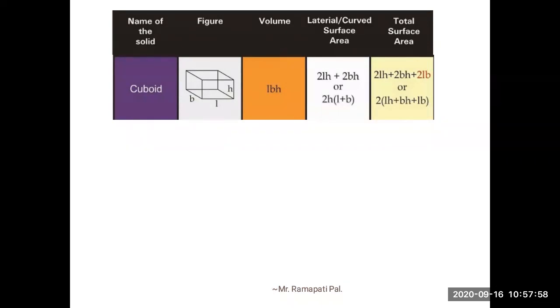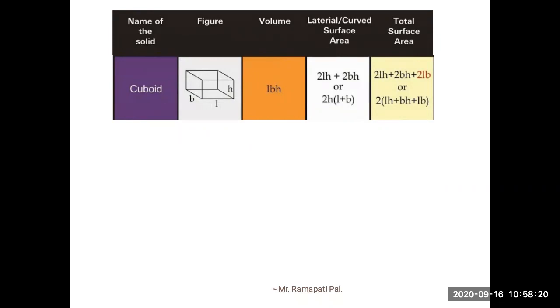So you should know what is volume. If length, breadth and height, all three are given, then when we multiply length into breadth into height, we get volume. Is it clear?